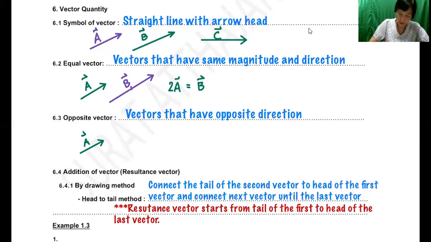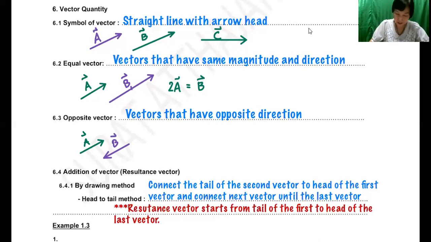Suppose that now I have another vector that has the same magnitude as A, but opposite to A. Okay, opposite to A. Here, I will call it vector B.